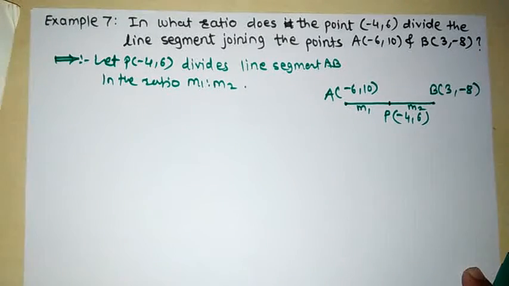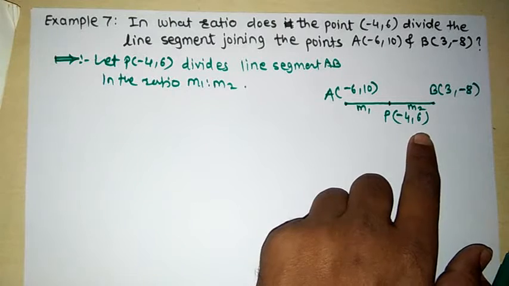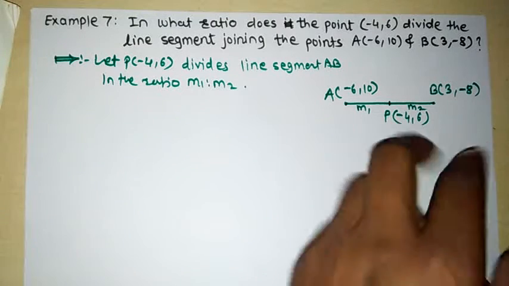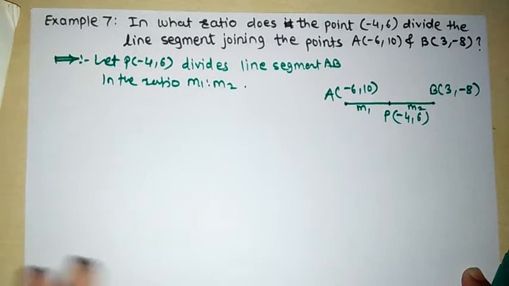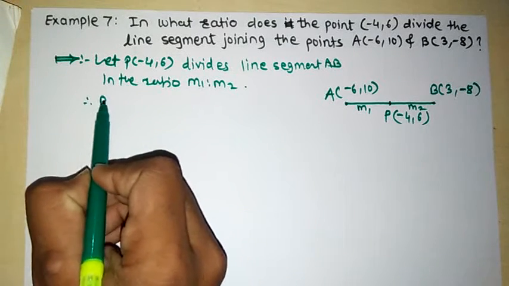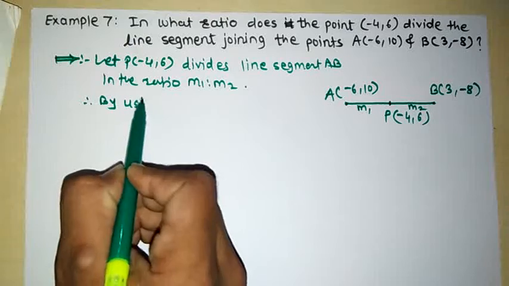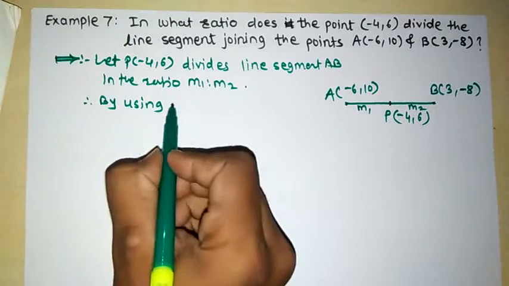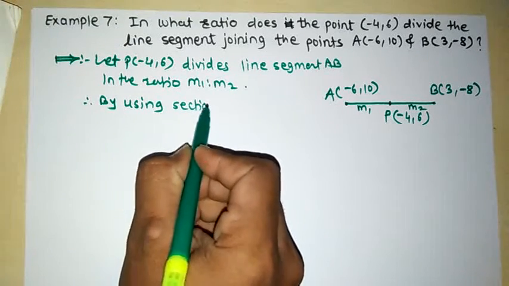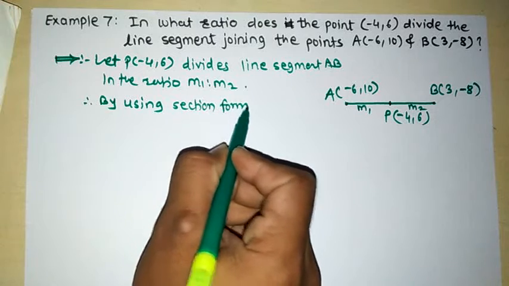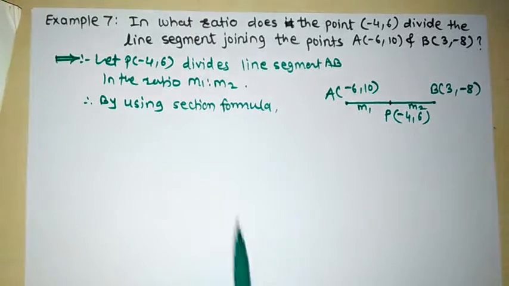We have to assume this point P of minus 4 comma 6 divides the line segment AB in the ratio M1 is to M2. Therefore, by using the section formula, we have to use the section formula.